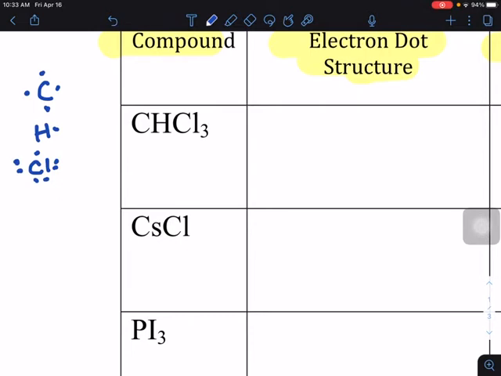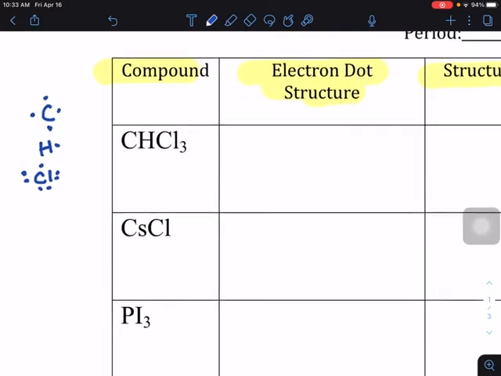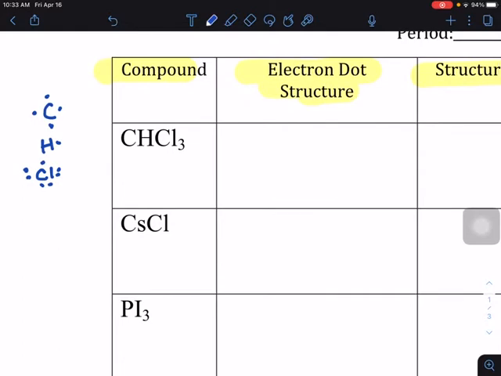This is important that we draw these out because we need to find out which one of these 3 different atoms goes at the center of this electron dot structure. If you remember from the rules, the one with the most single dots goes at the center. Not the one with the most dots altogether, because chlorine has 7 dots, but chlorine only has 1 single dot.